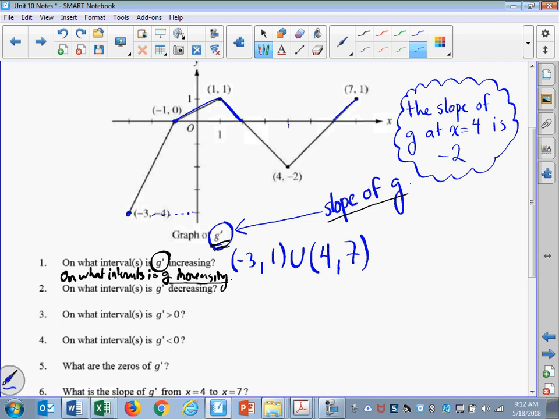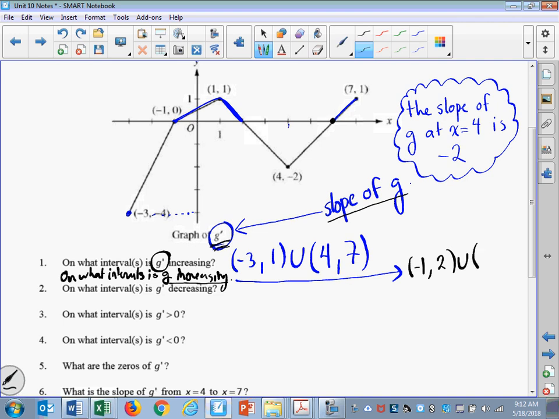So on these two intervals, that's where g is increasing. So to answer the question that I made up there, we could say from -1 to 2, and then we could pick back up from this point right here, which is at 6. So 6 to 7.